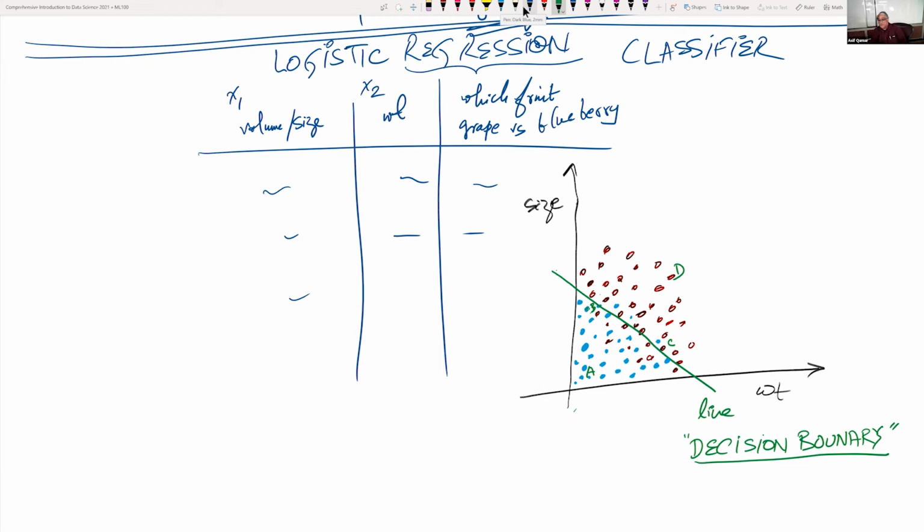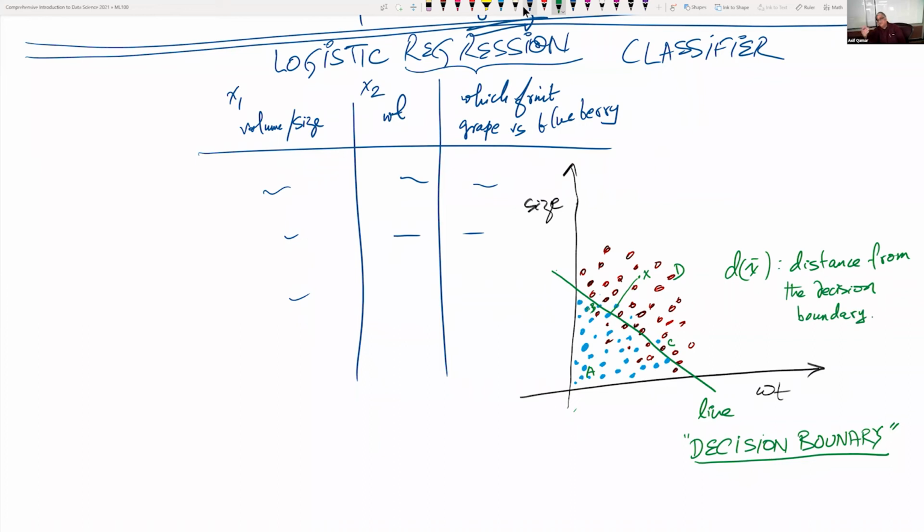If I have to find out, first thing is I can compute the distance of a point, let's say point X, the distance, obviously perpendicular distance, from the decision boundary.